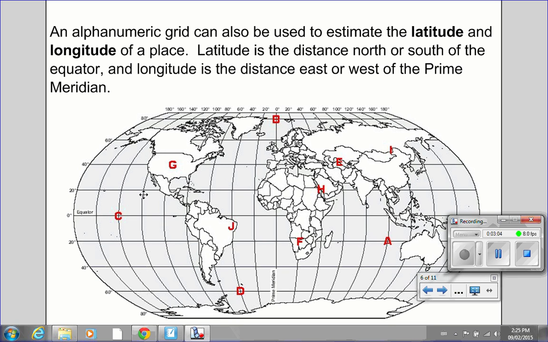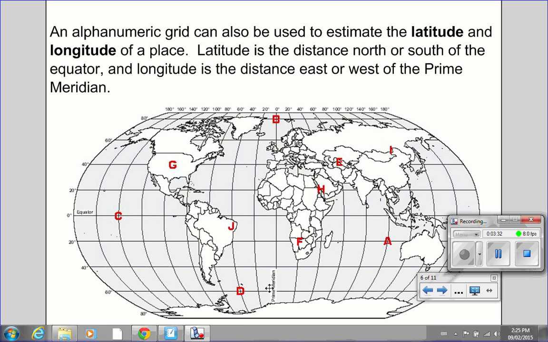So just as an example, for point C on the map, we would say that the longitude is 140 degrees and the latitude is 0 degrees. So putting it together, we actually say latitude first. So we'd say 0 degrees north and 140 degrees west.